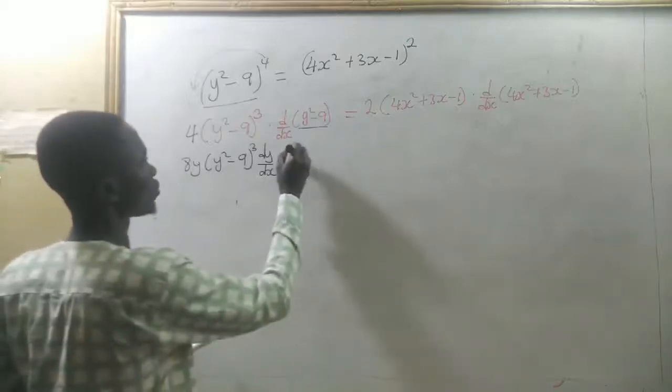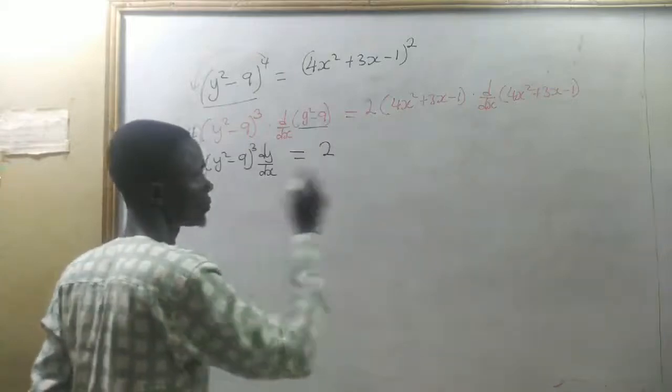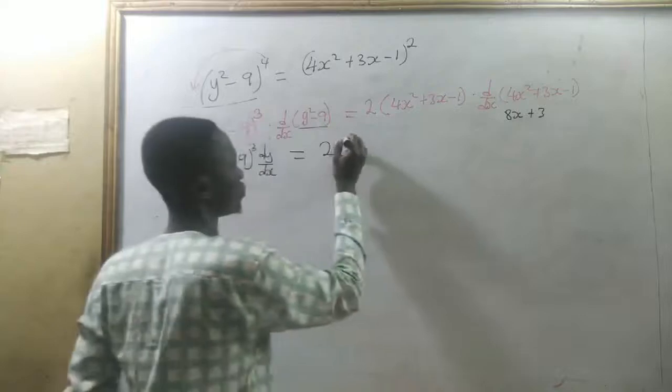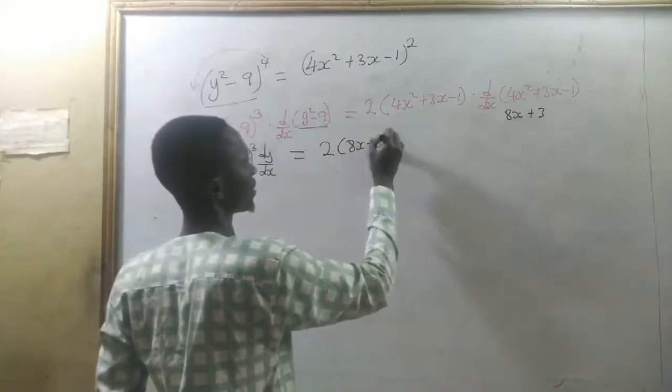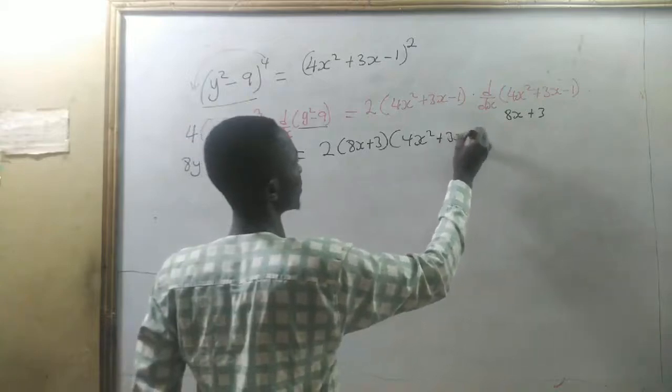So this is equal to 2. If we differentiate this, we get 8x plus 3. So 2 times 8x plus 3 times 4x squared plus 3x minus 1.